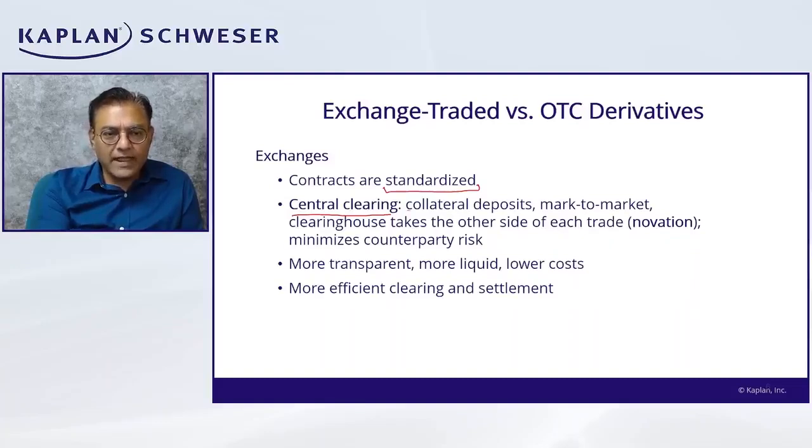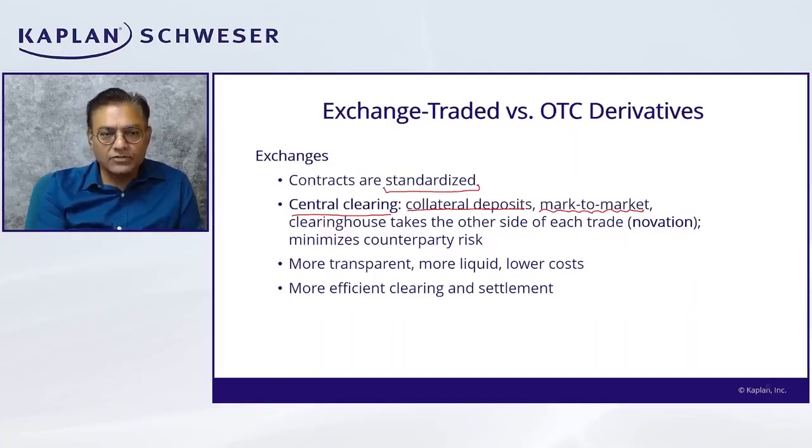The exchange mandates deposit of collateral, and that ensures that the parties entering into the contract adhere to the contract, and these contracts are marked to market, which ensures again that the parties are not deviating too far, and the exchange is able to manage the risk of the counterparty not adhering to the contract.